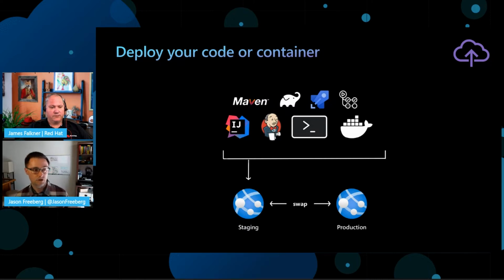Now, once you've deployed your code onto Azure App Service, there's a feature called deployment slots. This feature is essentially independent staging environments where you can deploy a new version of your application, or you can test new configuration changes.